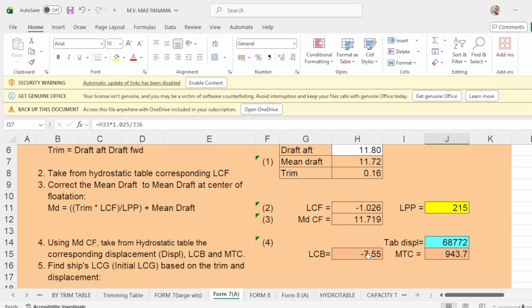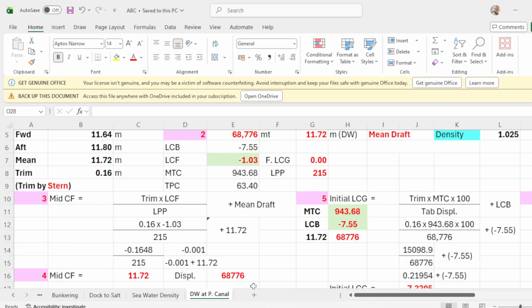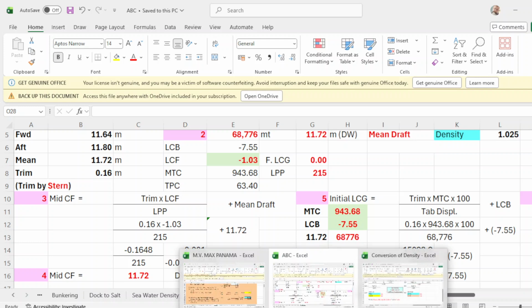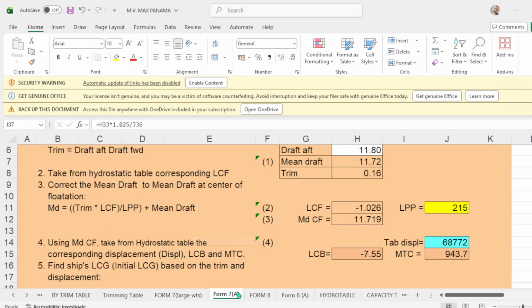Okay, LCB is negative 7.75, and your MTC is 943.68, which is 943.7. Okay, that will be number 4.